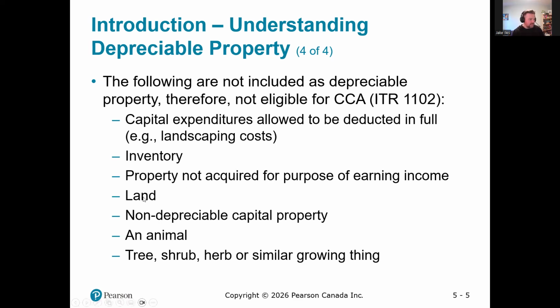We already discussed land. Shares of a corporation are generally considered non-depreciable capital property. And then we get into animals, trees, shrubs, herbs, or similar growing things. Biological assets are dealt with differently than machinery and equipment. If I have a dog, let's say I buy a puppy, is that puppy depreciating when I get it? No. That puppy has to grow.